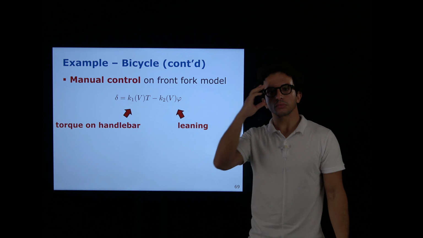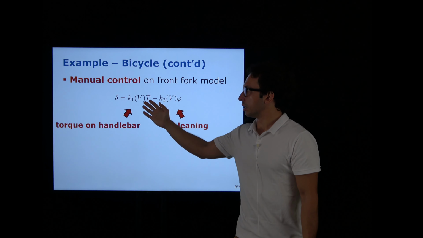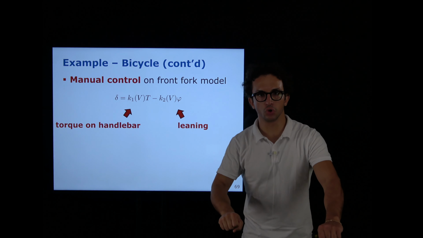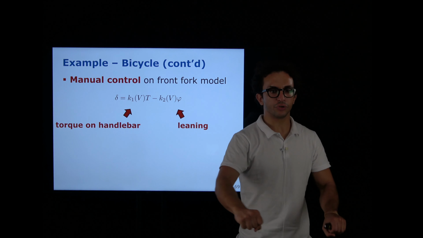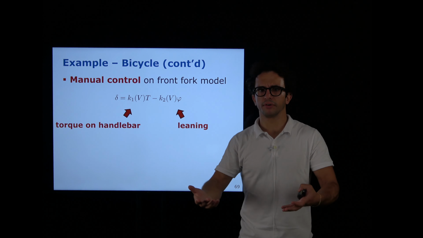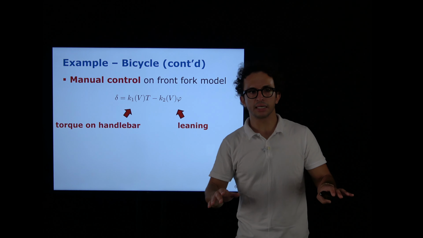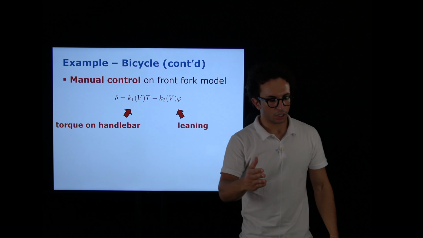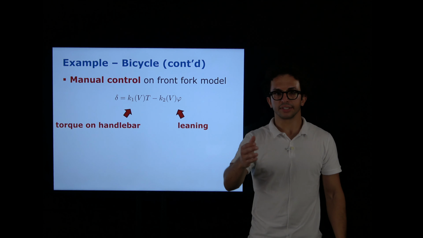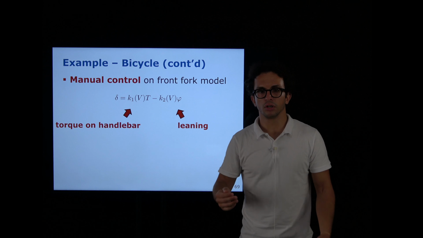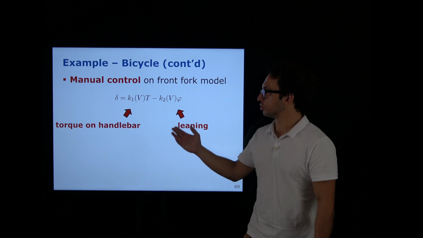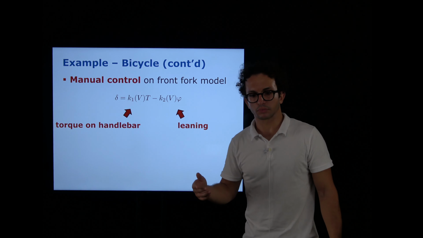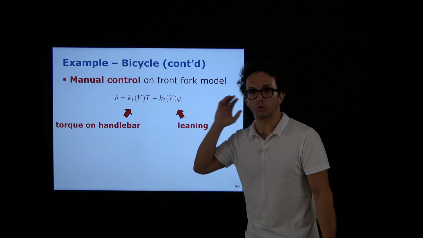You can imagine that one is caused by the human: the torque is caused by the human grabbing the handlebar and steering. The other is caused by just the normal evolution of the bicycle. If you lean a bit on the bike, the front wheel tends to steer a bit to keep balance. So you can imagine a behavior similar to this. So this is the controller that we are looking at.